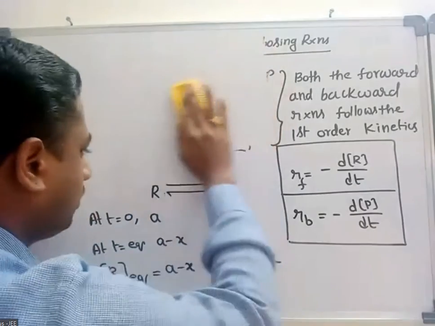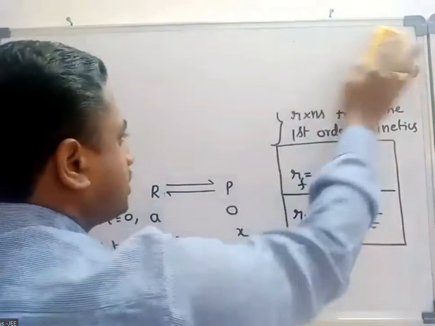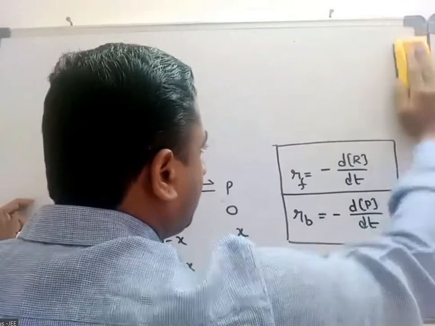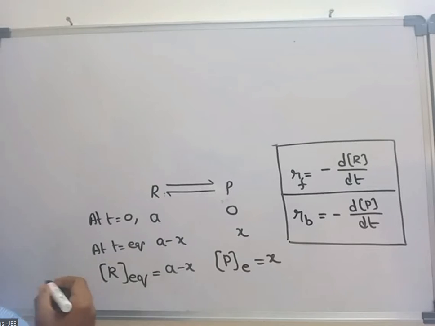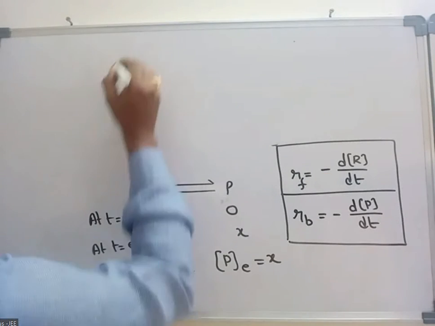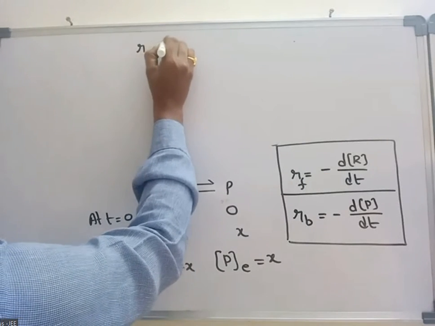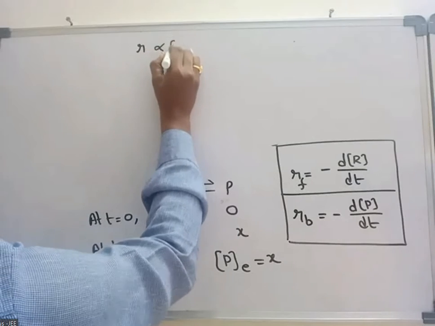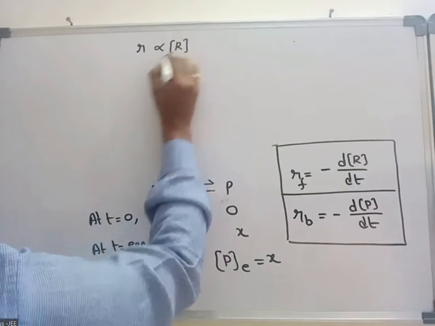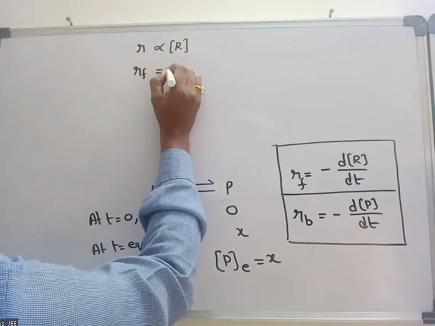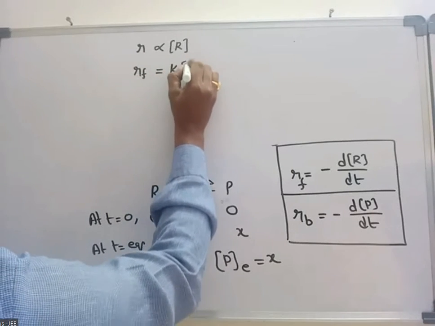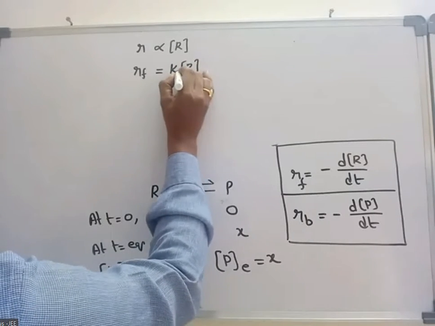From those expressions, the rate of the forward reaction is equal to d of R by dt, that is dx by dt, equal to the rate constant k1. We are all well aware of that. Rate is directly proportional to the concentration of reactants. Rate of forward reaction is equal to k1 into the concentration of reactants.